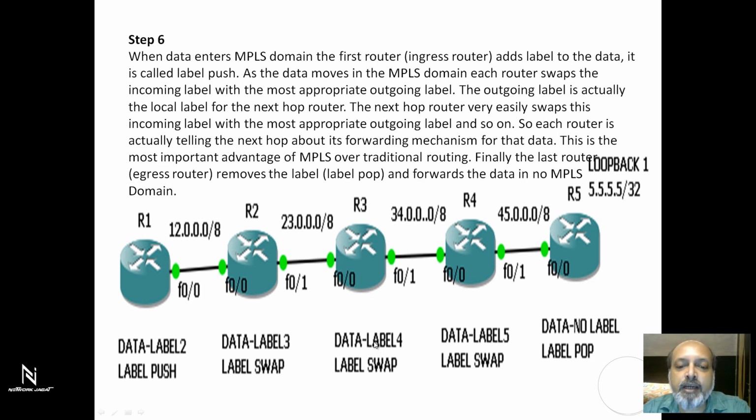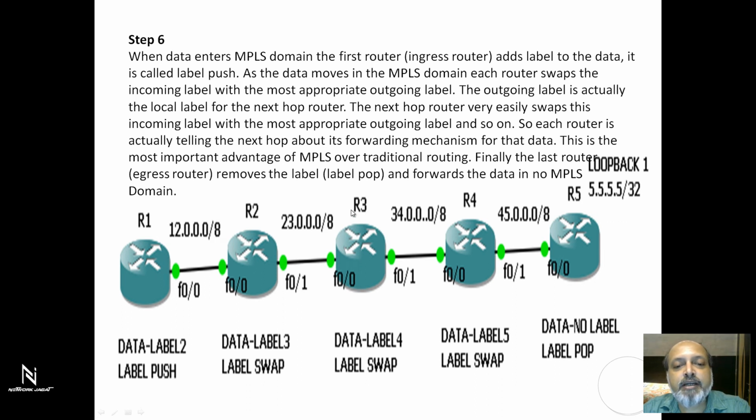Label 4 indicates that I have to push the data from F0/1. I don't have to search for the exit interface. Whenever I provide label 4 to the data, I simply know that I have to push the data through F0/1. That means if you analyze this entire incident once again, R2 sends the data with label 3.